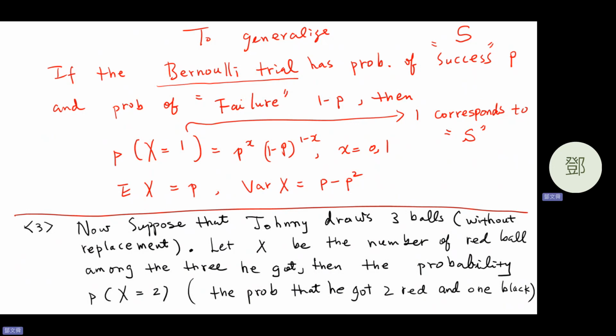If Johnny gets a red ball, we call it a success. Otherwise, he gets a black ball, and we call the outcome a failure.